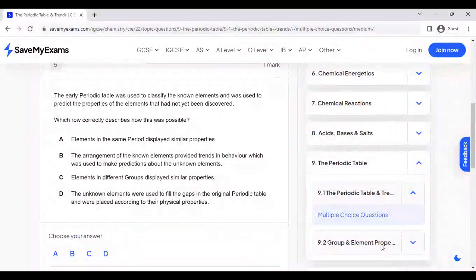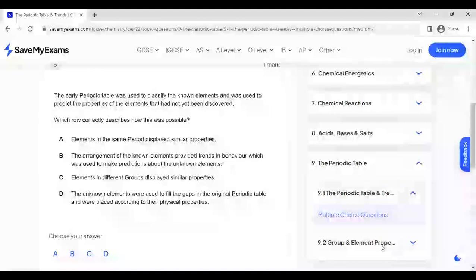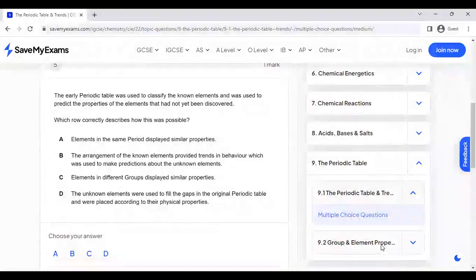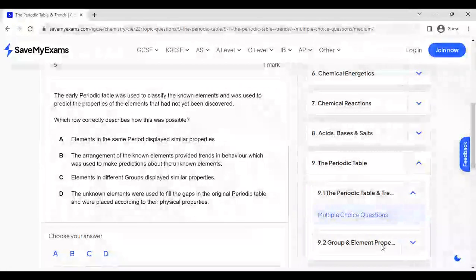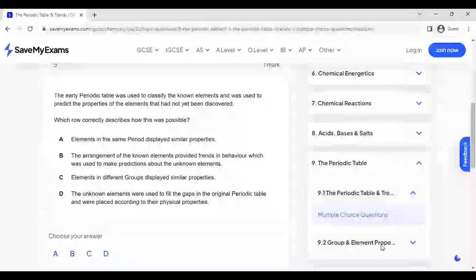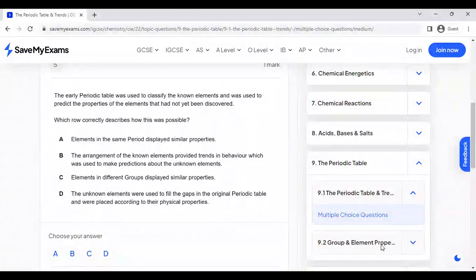Now, elements in the same period are arranged based on their similar physical properties. So the unknown elements were used to fill the gaps in the original periodic table, even though they were not known yet, but due to their physical nature, they were placed in the periodic table for further research. So our option is option D.